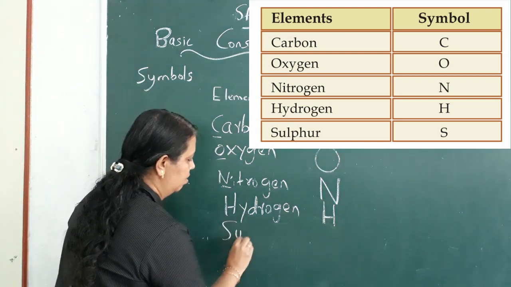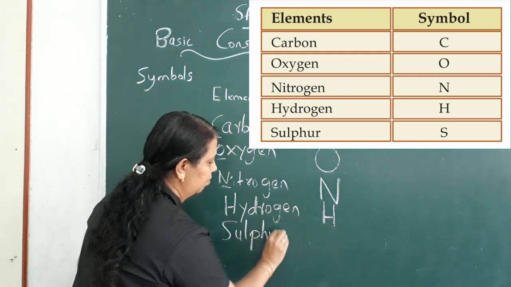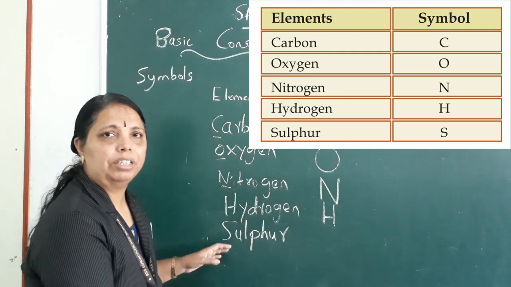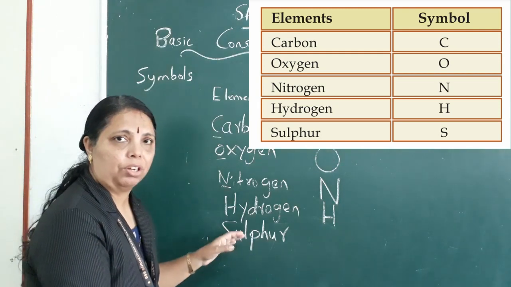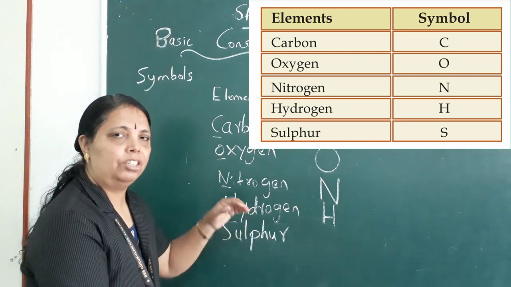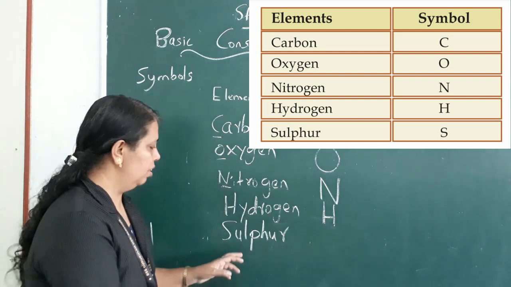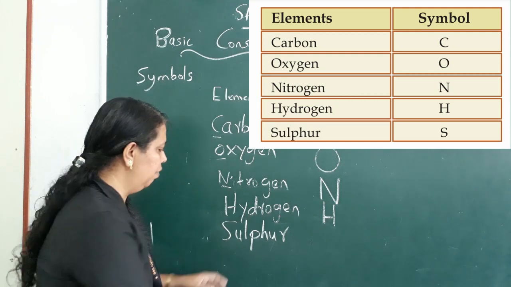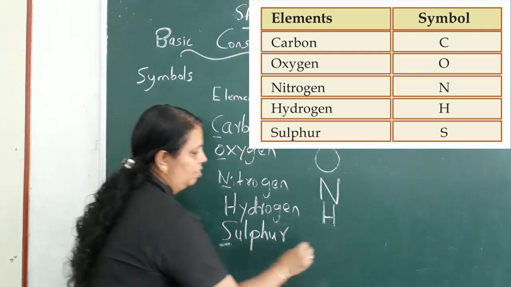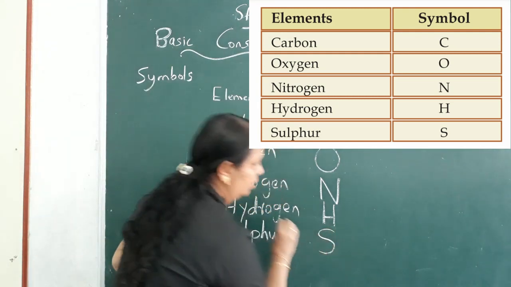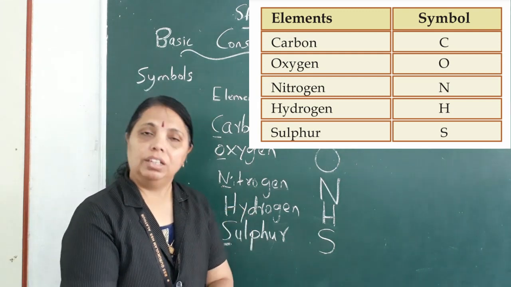What about sulfur? This is also an element. All these are elements because they do not split into many other substances. Just one plain substance. What is the symbol for sulfur? The first letter is S, and we write it in capital. Understood?